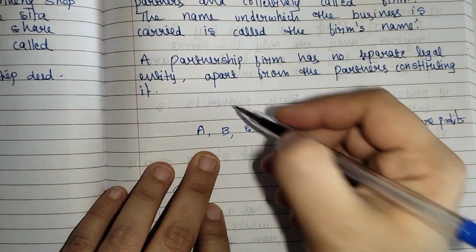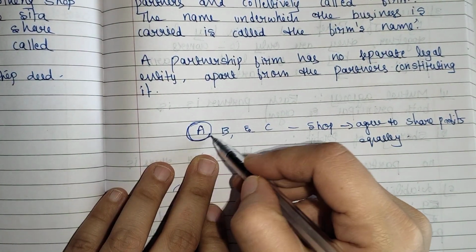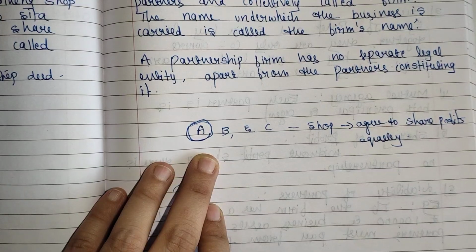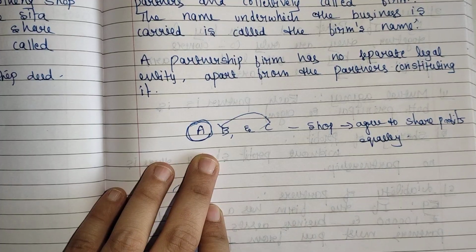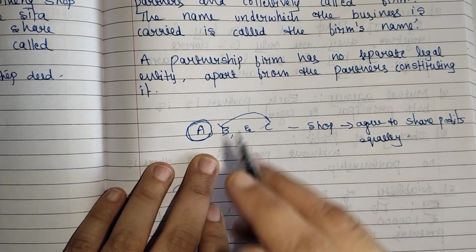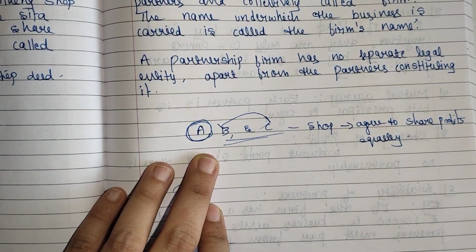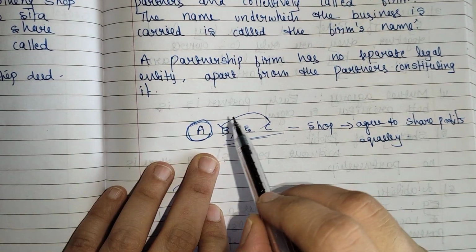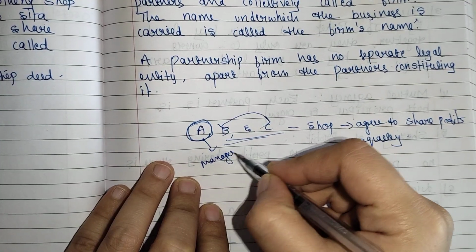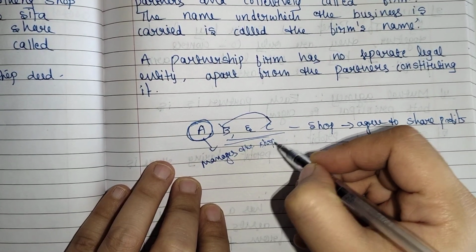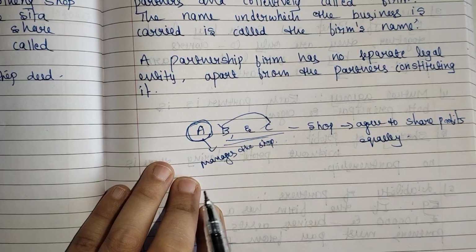Even if only A manages the shop, he does it for all the partners, for B and C. Why? Because they are in a partnership relationship.